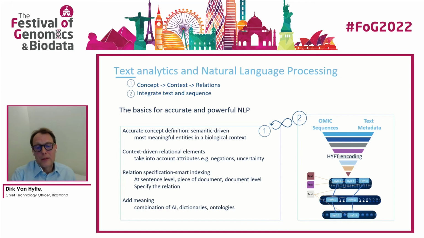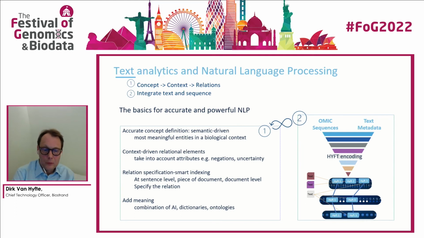Then, of course, it's also important to understand the context around these relational elements. Is the sentence part of a negation, with certain uncertainty, or so on. And the smart indexing principle also has the capability to choose the level of detail you are looking for. Is it really at the sentence level?